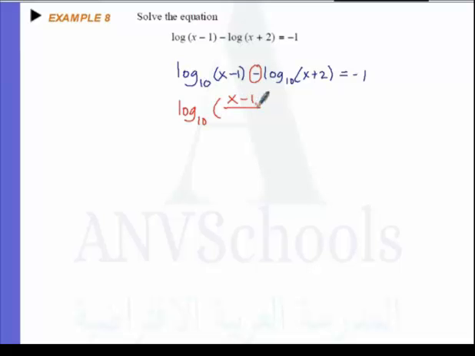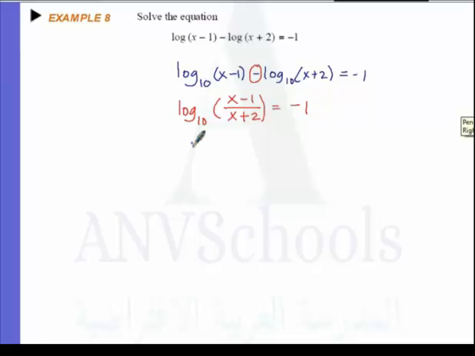If you see a minus sign separating the two log expressions, it's the quotient property of logarithms, which states that the difference of two logarithms can be written as the logarithm of a quotient. So this gives me log of (x − 1) over (x + 2), which is equal to −1.